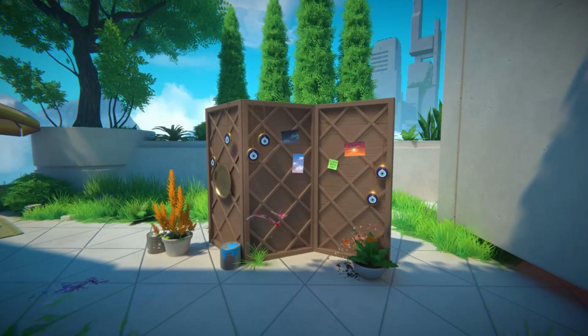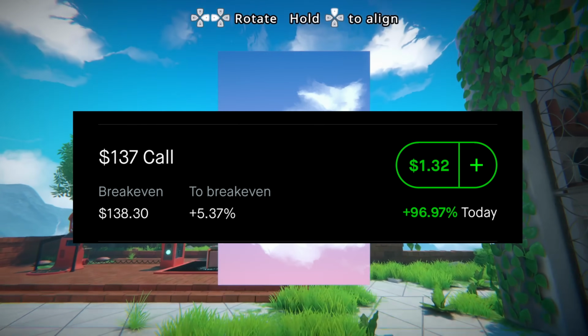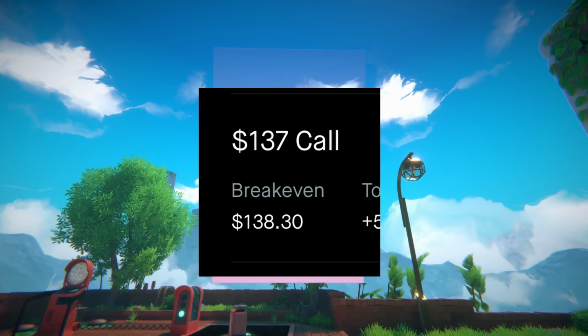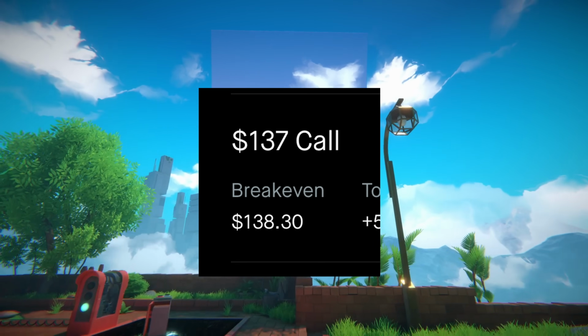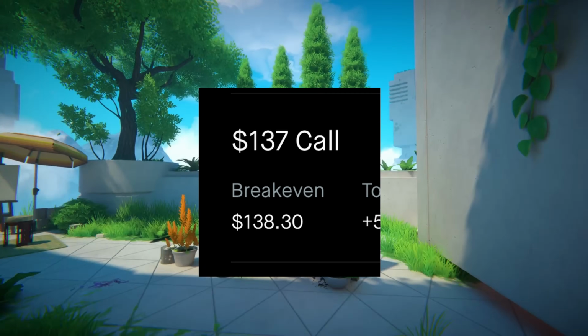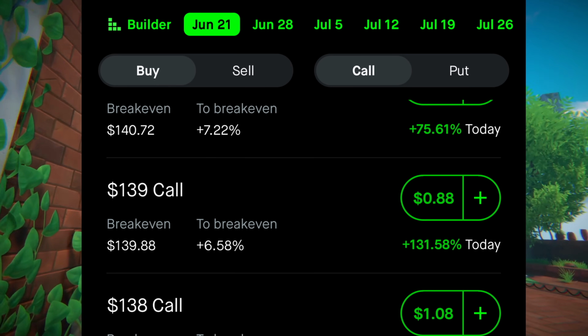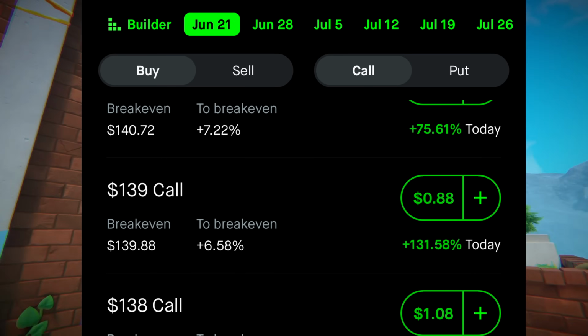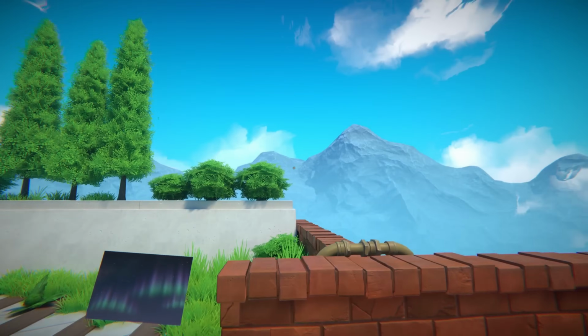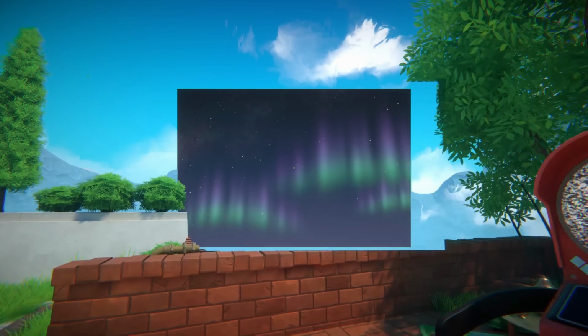If we look at this specific call option, it costs $132. The break even is $138.30. The break even is what you need it to be above by that time of expiration. But every dollar that it does go above that break even is $100 profit.